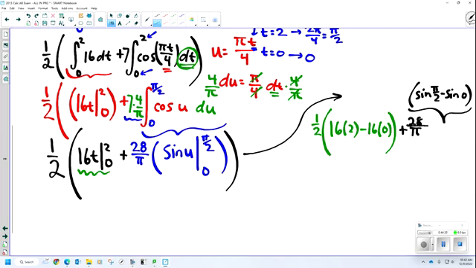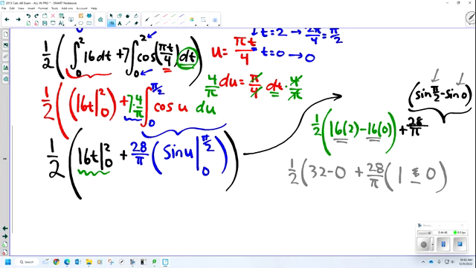Okay, all right. So let's do some more math. We got 1/2 on the outside. 32 minus 0, plus 28 over pi times the sine of 90, which is 1, minus the sine of 0, which is 0.